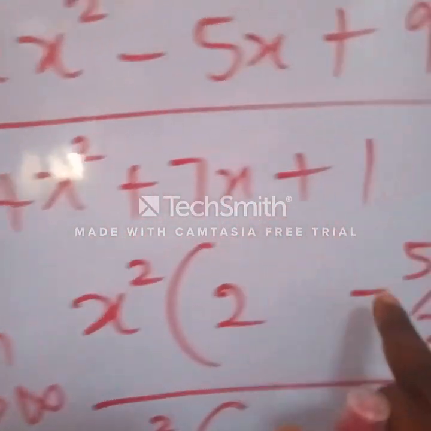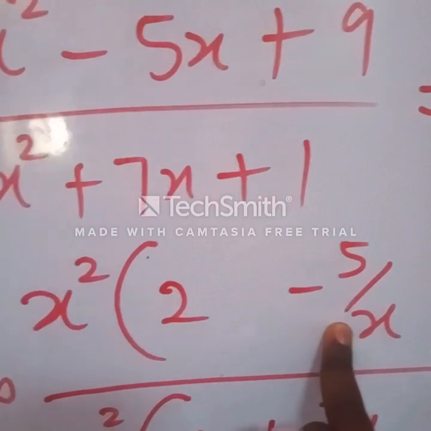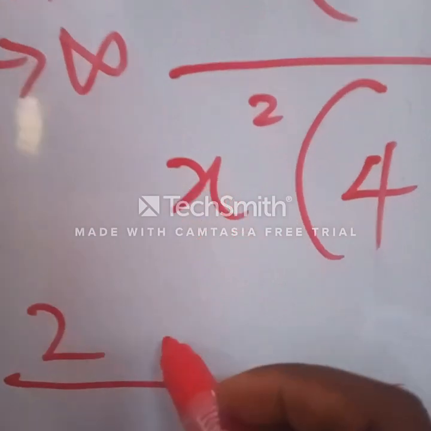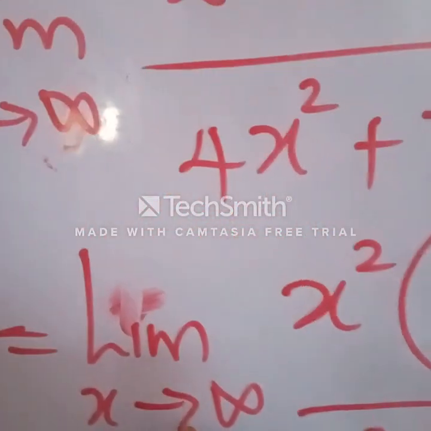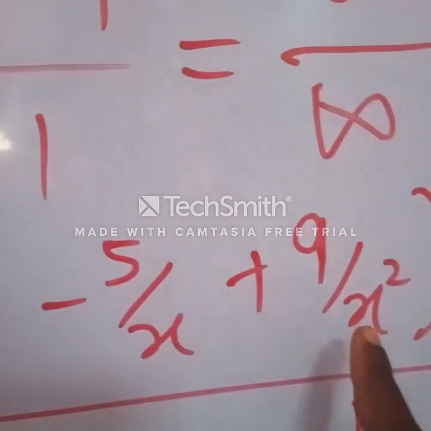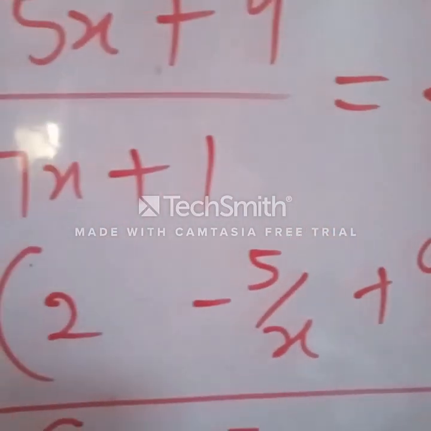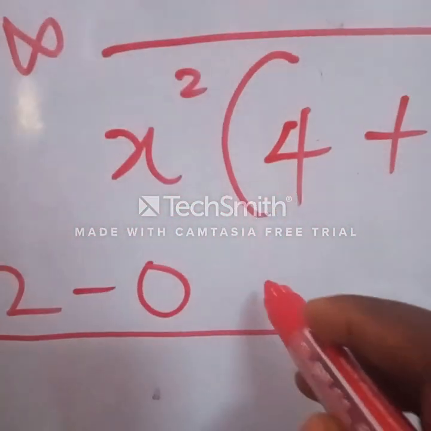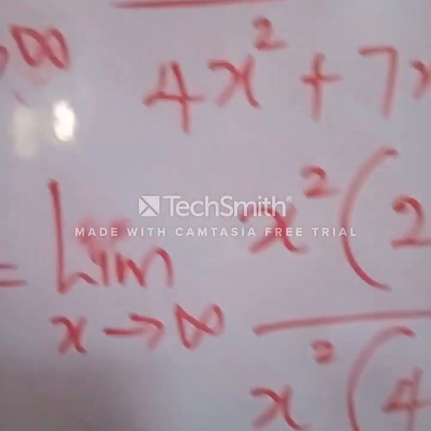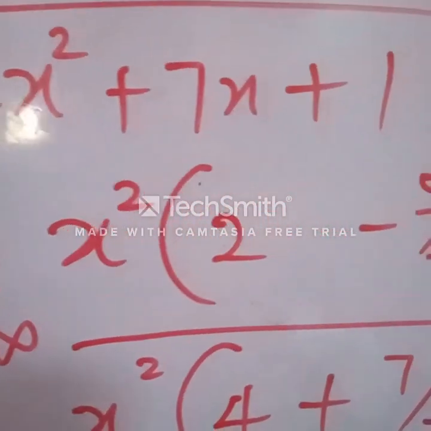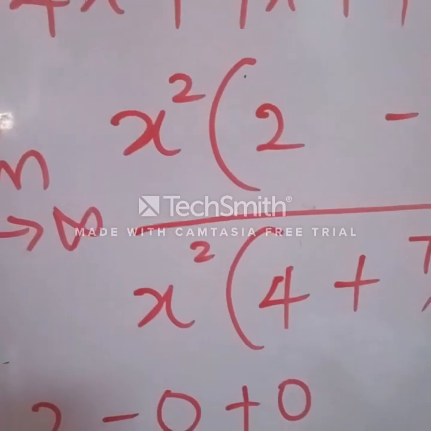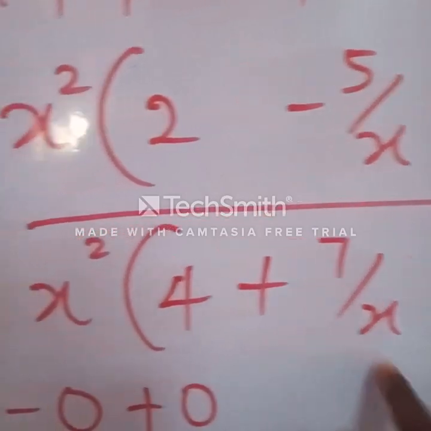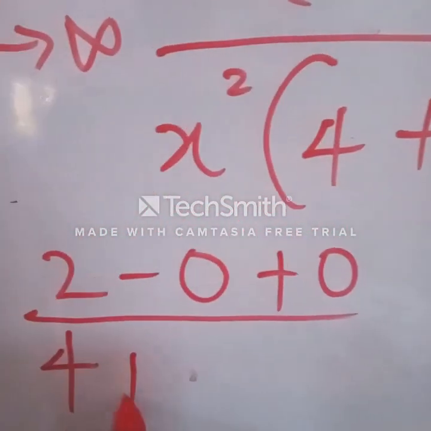When this limit is applied to this, according to property 11, this is 0. Again, applied to this function, according to property 12, this becomes 0. Applied to 4, a constant, it will be 4. Applied to 7 over x, according to property 11, it is 0.